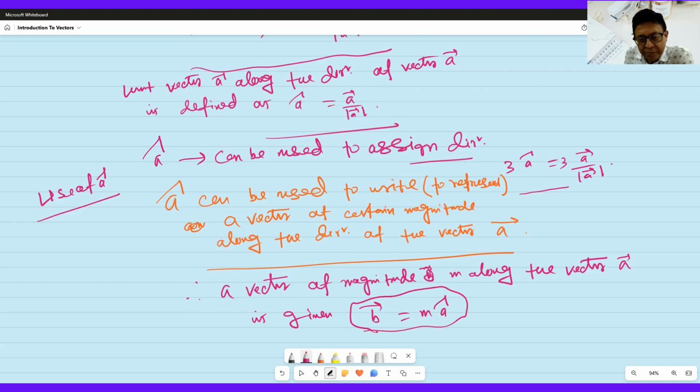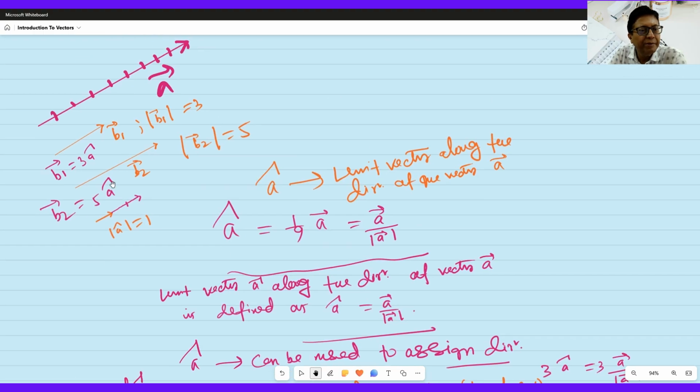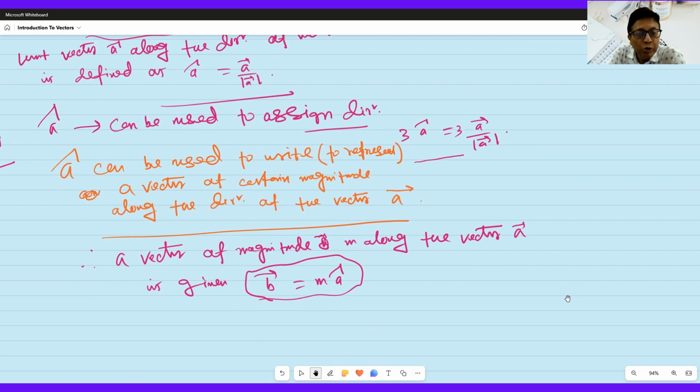Understood? I have done that: B1 equal to 3 A cap, because 3 is the magnitude. B2 equal to 5 A cap, because 5 is the magnitude. So a vector B of magnitude m along the vector A can always be written in this form, B equal to m into A cap. Clear?